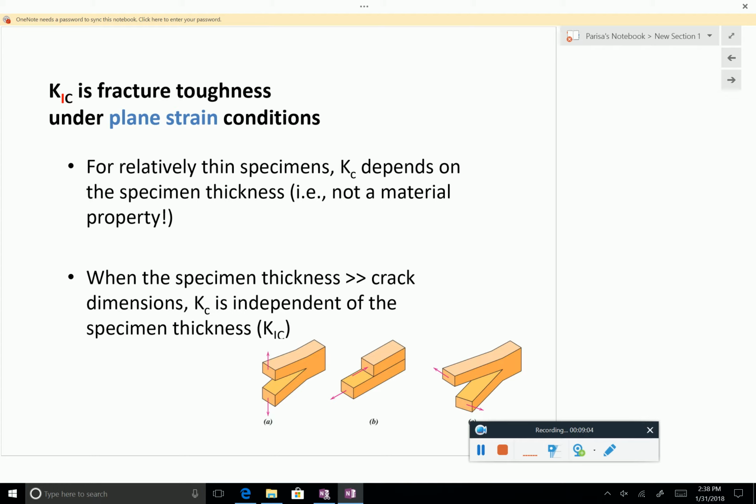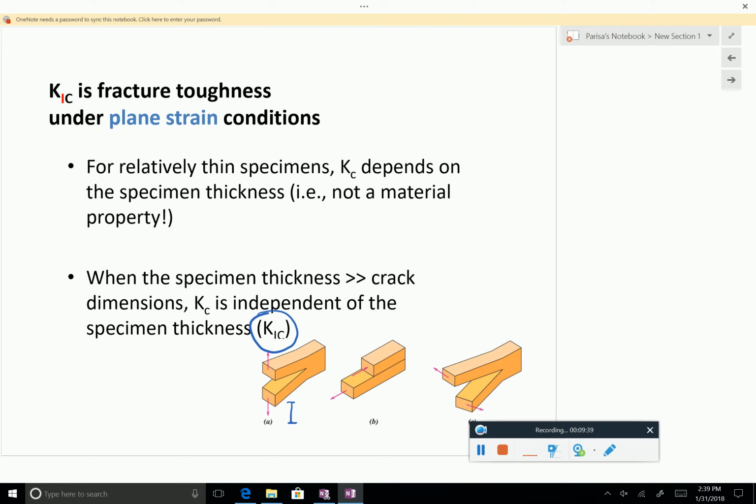So it turns out that if you have plane strain conditions, which is like one dimension much larger than the other, and if you consider just this mode of fracture, which is opening the crack face perpendicular to its axis, just opening it up, the fracture toughness for this particular situation becomes independent of the geometry.